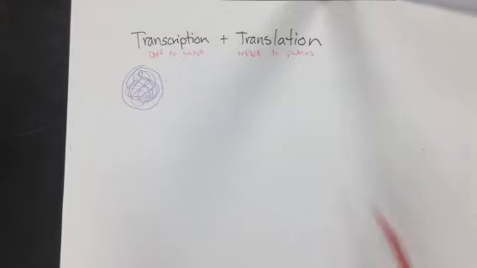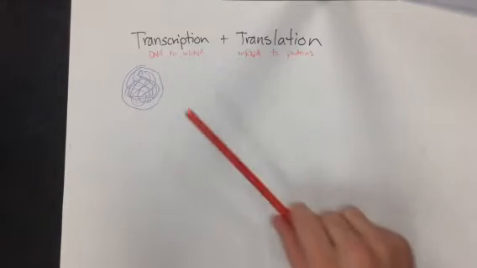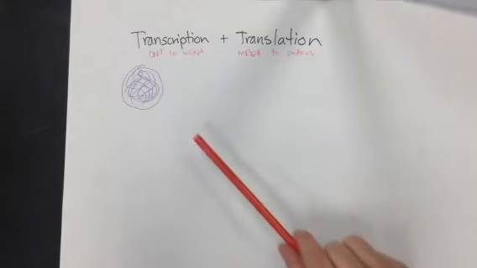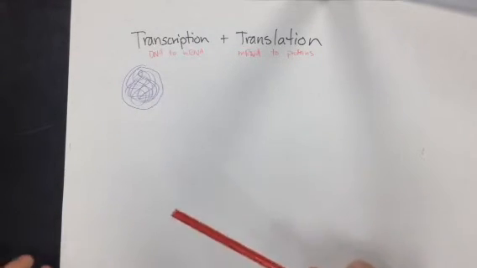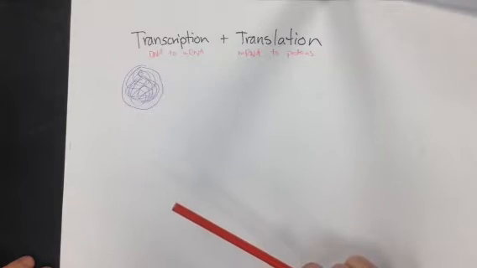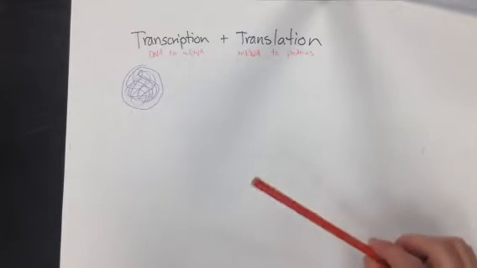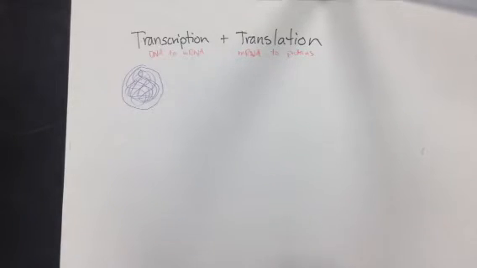So let's start off with step number one, and that's transcription. In the DNA, in the nucleus, there is a code for specific traits, for specific genes. There will be a trigger, or some type of chemical message, saying that you need a specific protein. And most proteins make up our genes.